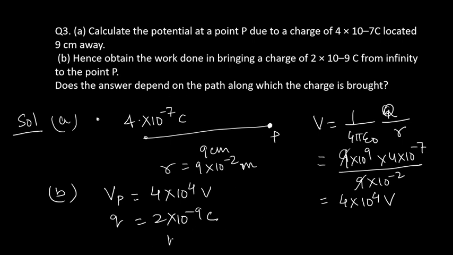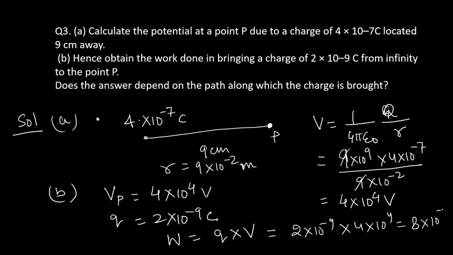Then what will be the work done? As we know, work done is equal to Q into Vp. At infinity, potential is 0, so change in potential will be equal to V. If you multiply 2 into 10 to the power minus 9 with 4 into 10 to the power 4, you will get 8 into 10 to the power minus 5 joule.